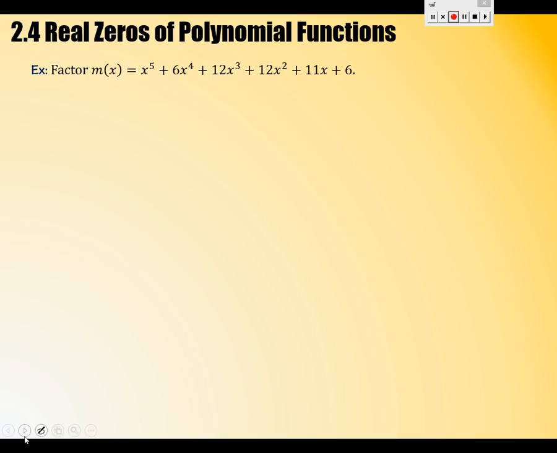X plus 1 is a factor. It's like you're unlocking a rule. I want you to factor this through. You know what factor is, right?